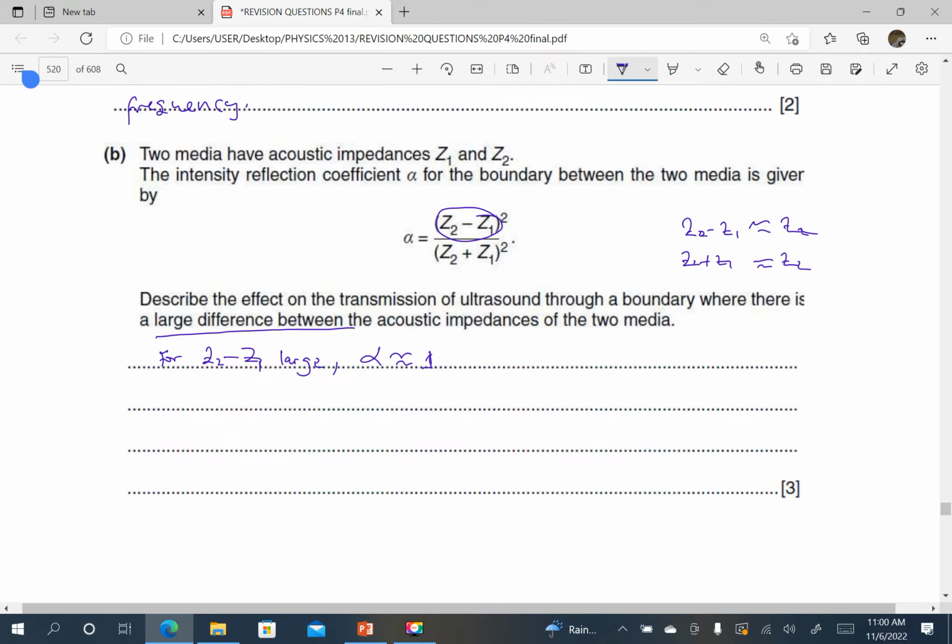And this means, remember alpha is intensity reflected over intensity incident, so it means the reflected intensity will be nearly equal to the incident intensity. So transmitted intensity will be too small. So the reflected intensity would be nearly equal to the incident intensity.